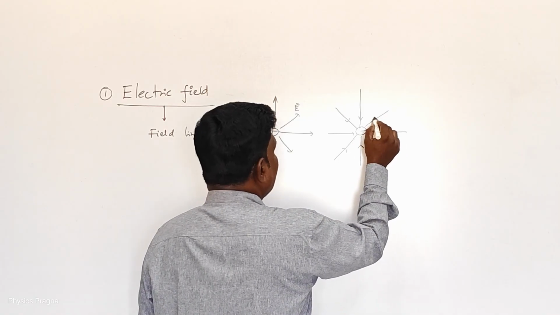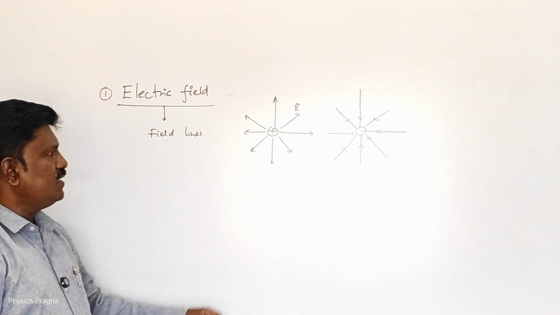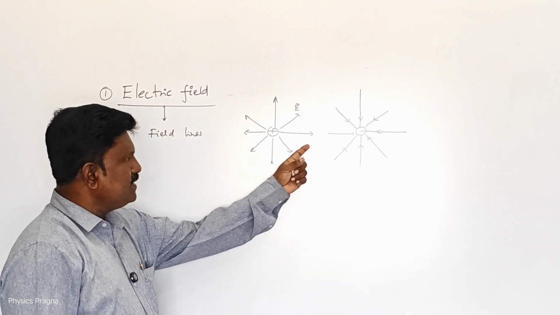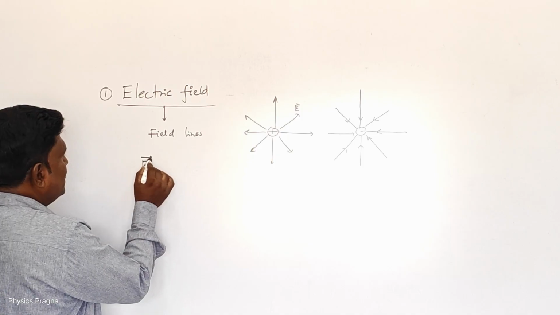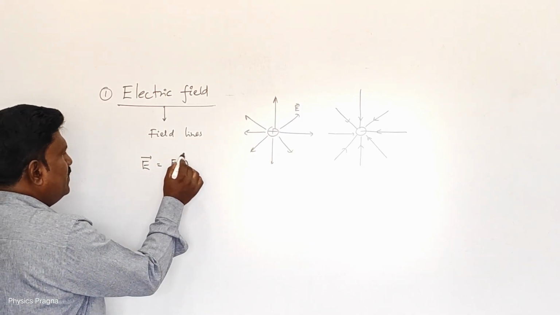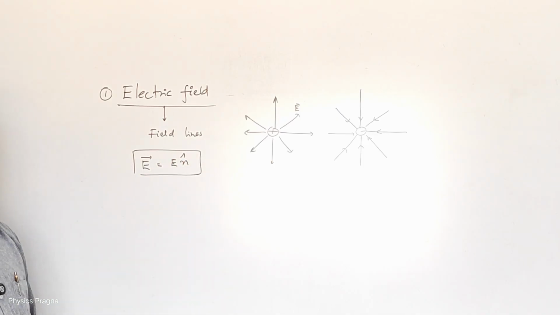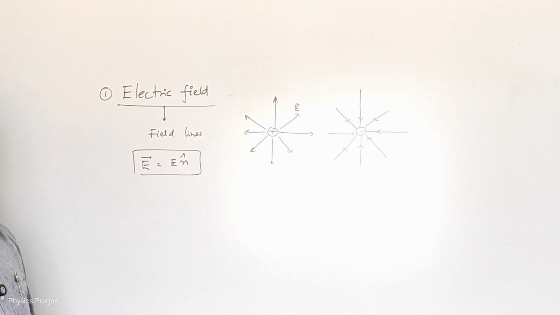So, like this, electric field lines spread around a charge. These are always normal. So we can write electric field as the electric field magnitude into n cap. This is the magnitude, this is the direction, always normal to the surface of a charged body.